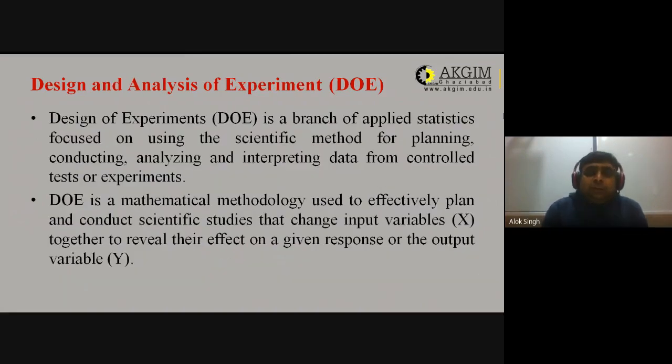Next, design of experiment is a branch of applied statistics focused on using the scientific method for planning, conducting, analyzing, and interpreting data from controlled tests or experiments. DOE is a mathematical methodology used to effectively plan and conduct scientific studies that change input variables together to reveal their effect on a given response or the output variable.